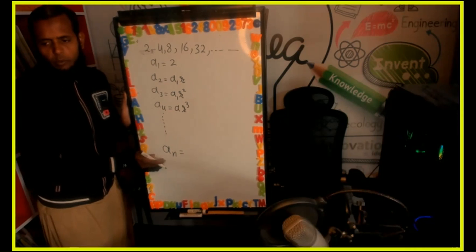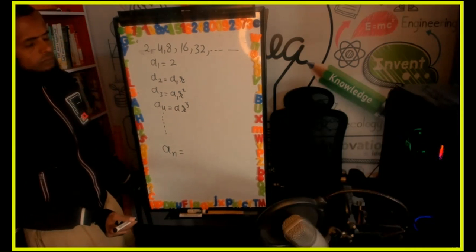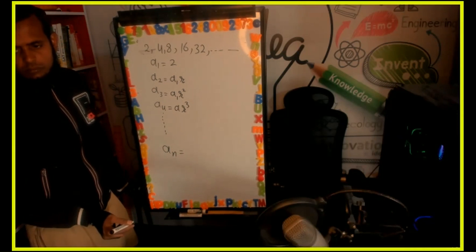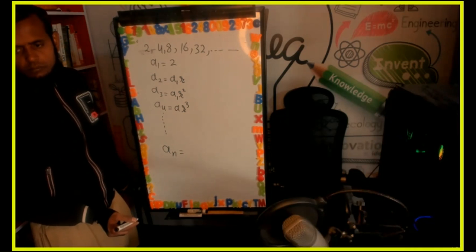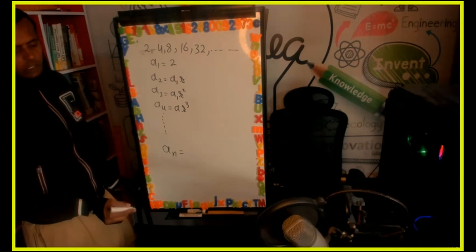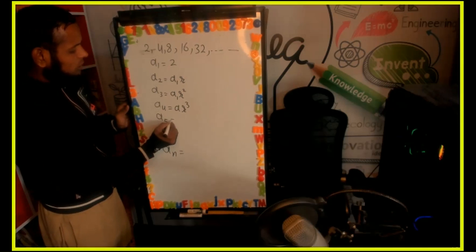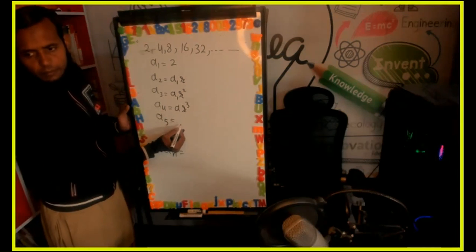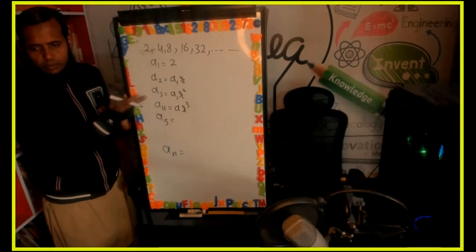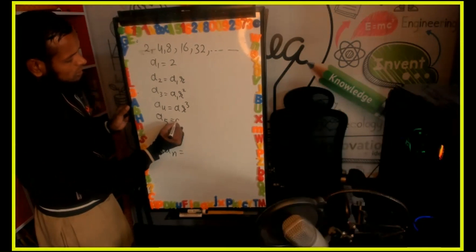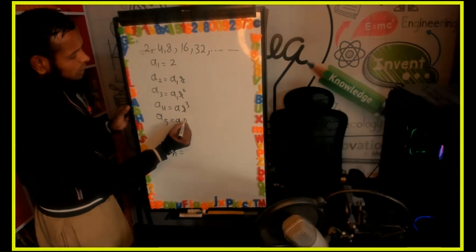See the sequence. First you should tell me what will be the A5 formula. A1 R4.